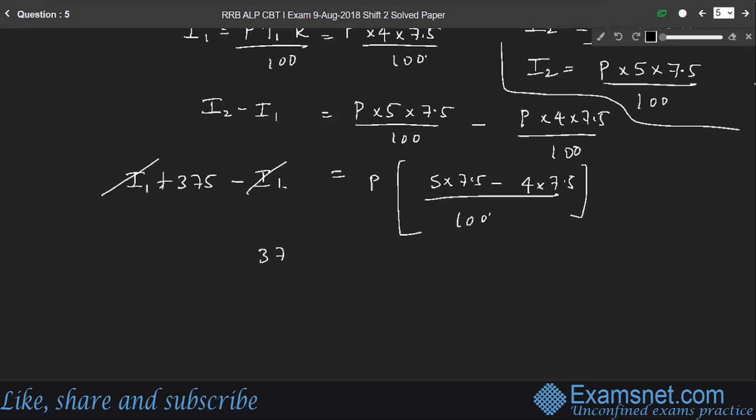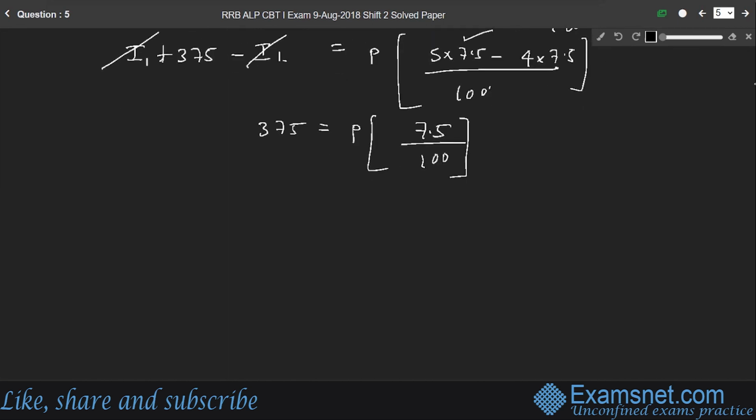So 375 is equal to principal into the numerator 5 into 7.5 minus 4 into 7.5, which is 1 into 7.5, so 7.5 by 100. Therefore, principal P is equal to 375 into 100 by 7.5.